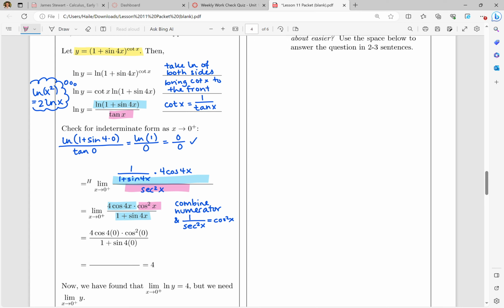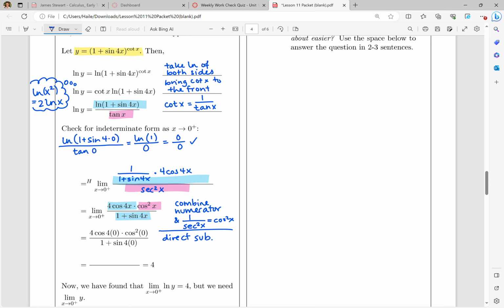At this point, we're working on simplifying our expression to either use L'Hopital's rule again or solve with direct substitution. Either way, I'm going to have to plug in 0 in this next step to see if it's warranted that we use L'Hopital's rule again.